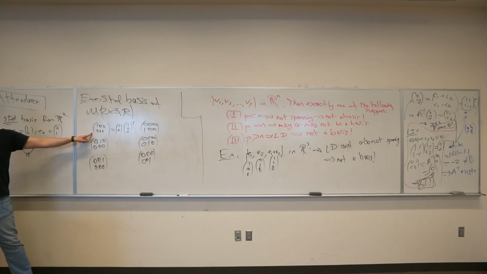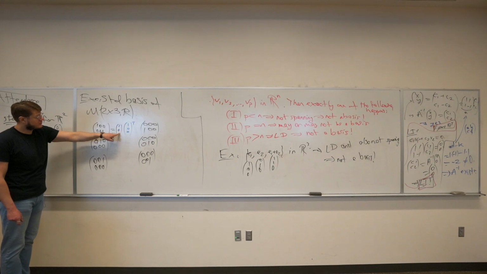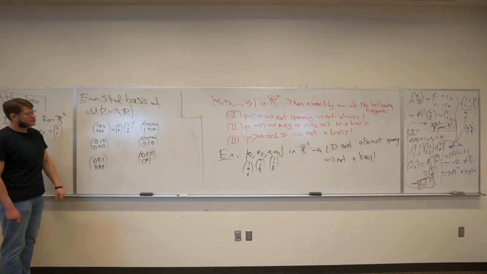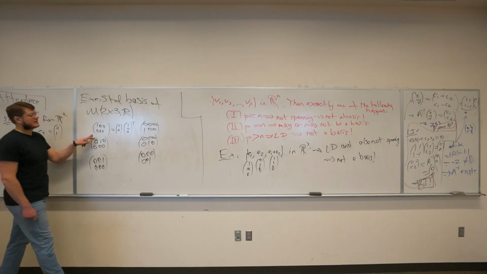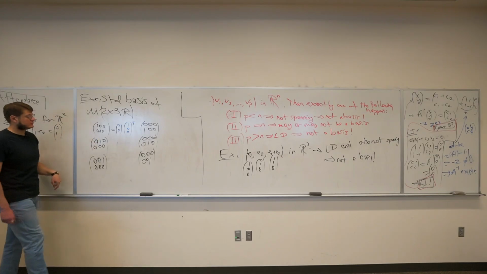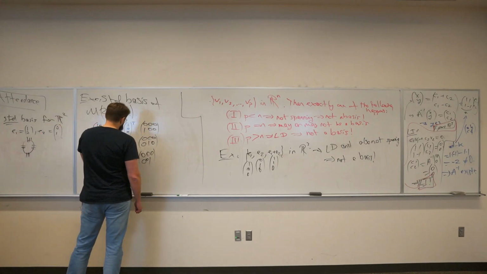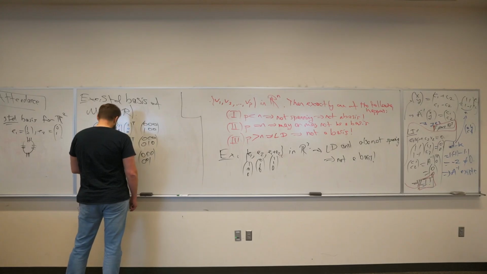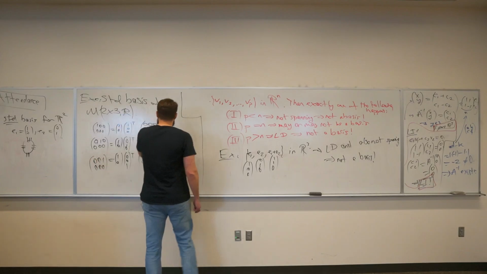We had talked about this last time. Take a standard vector for R2, a standard vector for R3, and I outer product them. Now it's a more complicated vector in a sense, a tensor, if you want. And you can do the same thing with the other ones: 1, 0, then 0, 0, 1, and 0, 1.